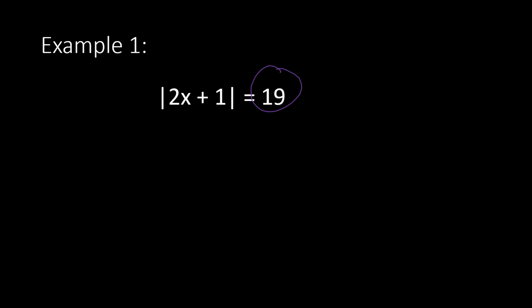Here's how to solve it, and there will be another example later on. You're going to break this up into two equations because that will be the easiest. So we'll have 2x plus 1 equals 19, and 2x plus 1 equals negative 19, okay?